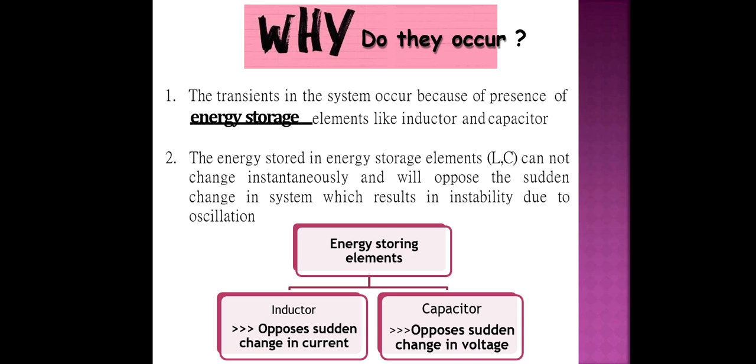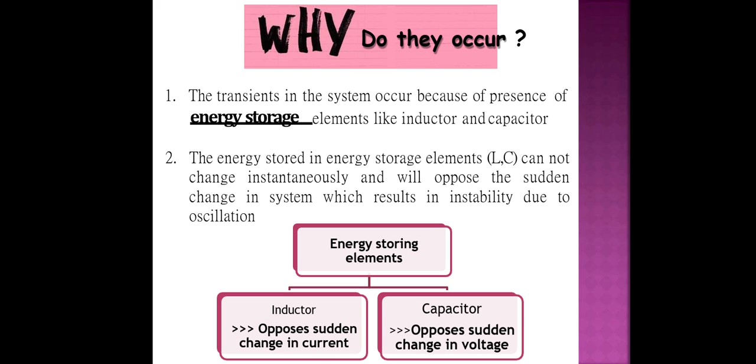When the current changes, the inductor opposes it suddenly, and if the voltage changes, the capacitor will oppose it suddenly. So that's what we used to take. A transient system occurs because of the presence of energy storage elements like L and C.